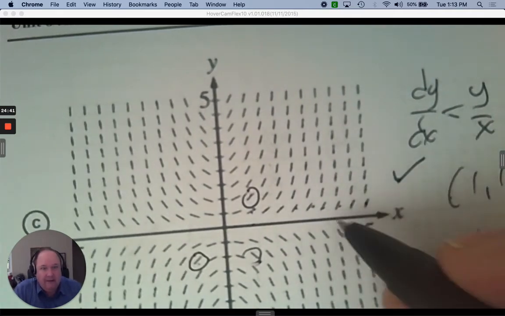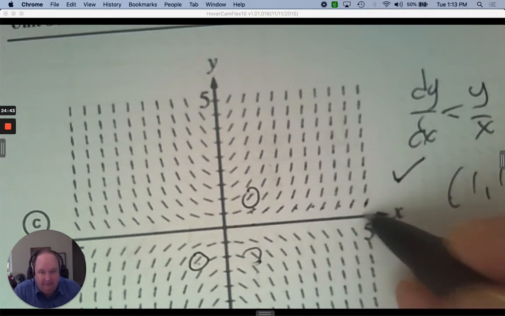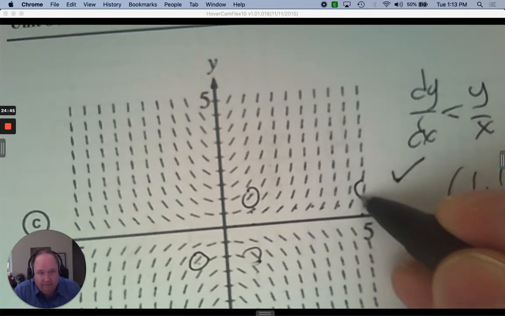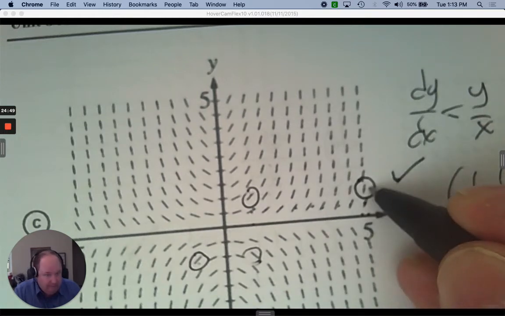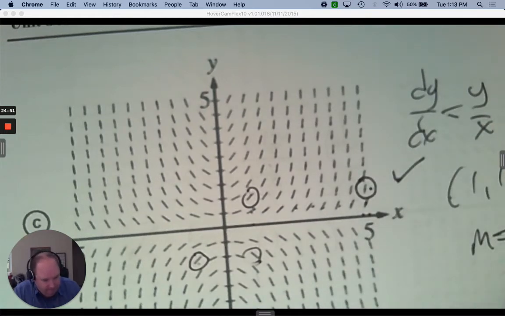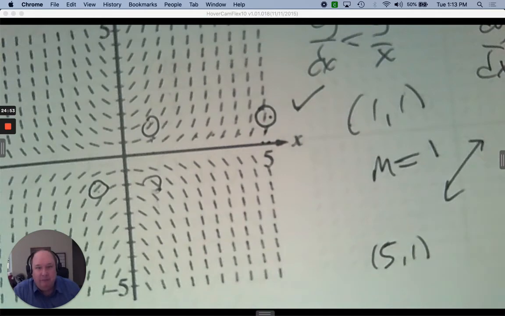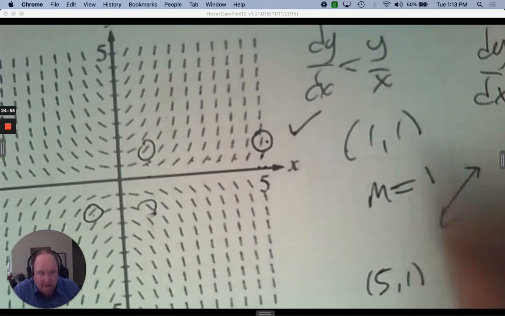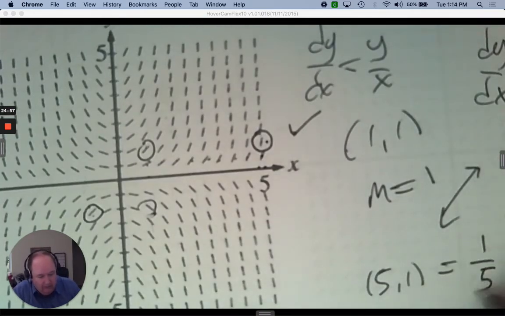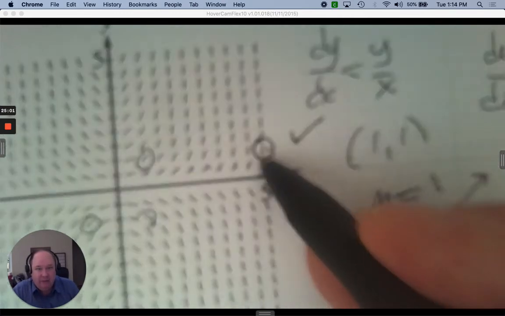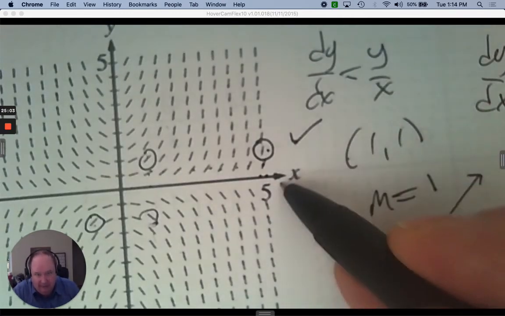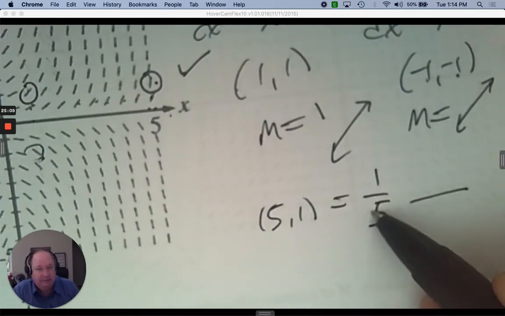So let's say I take a point like 5 and 1. See that right there? That's 5 and 1. Now, if I took that point, 5 and 1, into here, the answer should be 1 over 5, which is a very flat line. Does that look like the correct slope for 5 and 1?